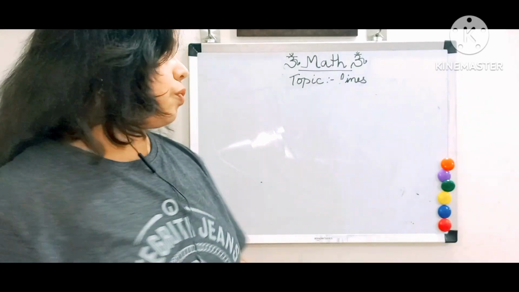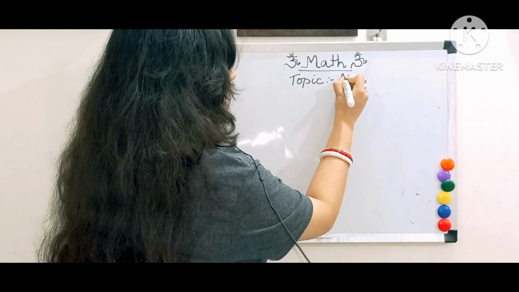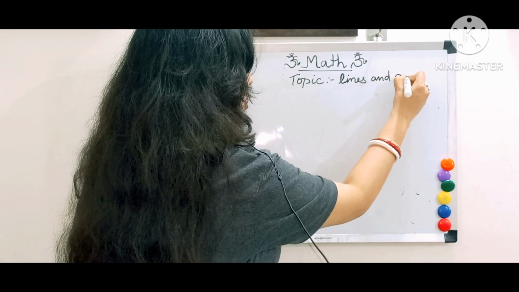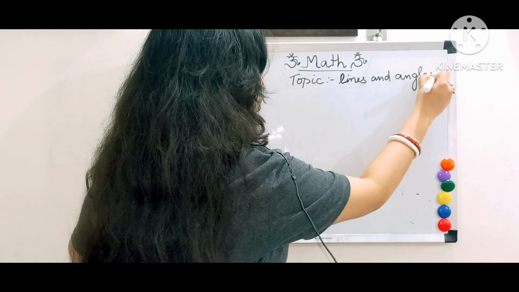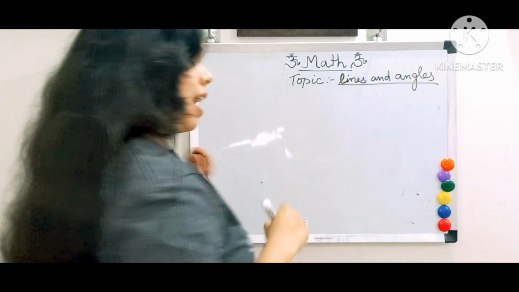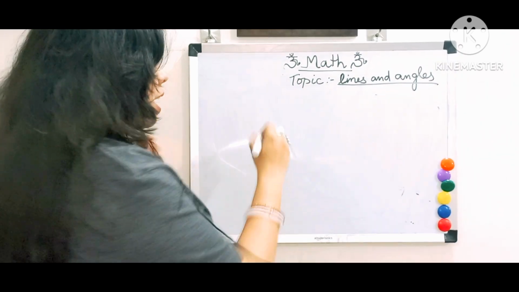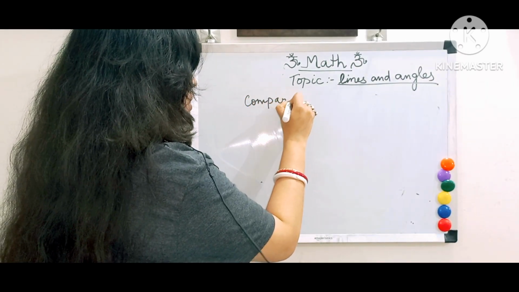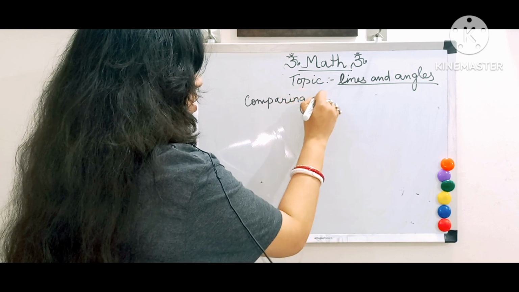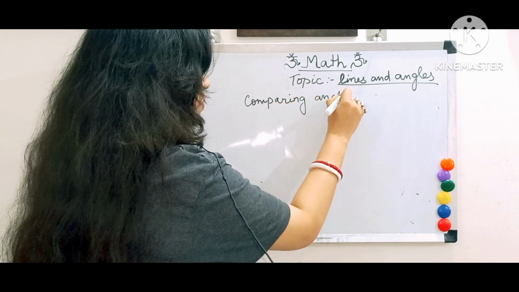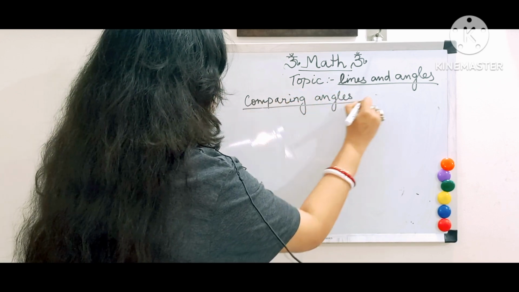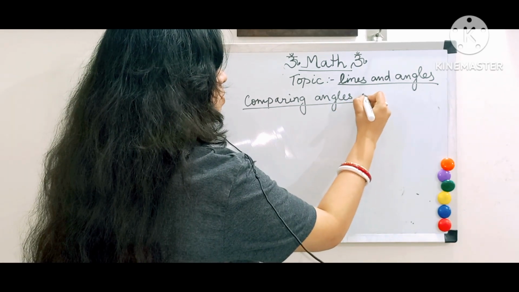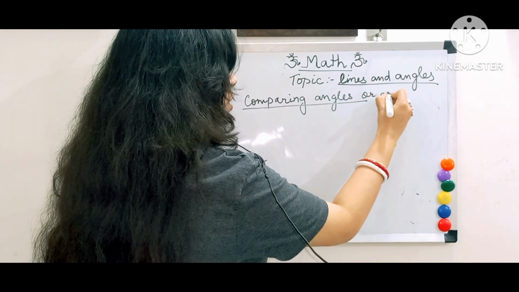First of all, we have understood about lines, and then we have understood about angles, and you have got the introduction of lines and angles, right? Now we will see about comparing angles or pair of angles.